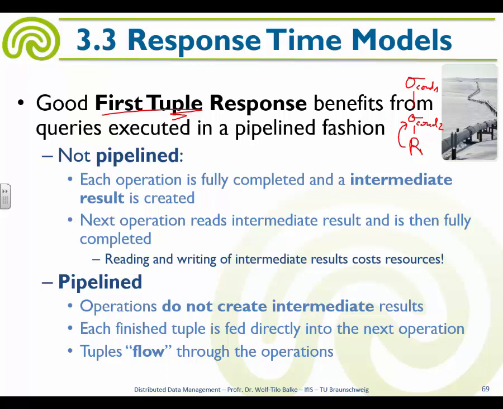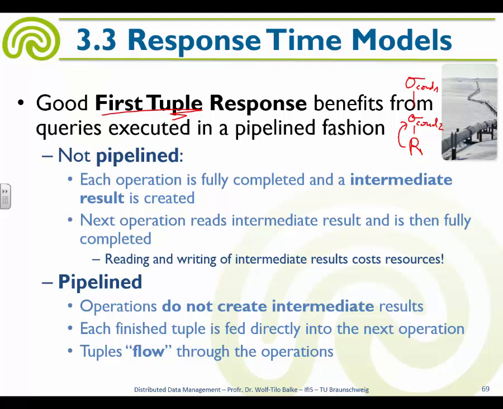And now I store it as an intermediate result and get the second tuple from R. Do the selection with condition 2, store it in the intermediate result, and so on, right? And the first time that the second selection with condition 1 is used is after the selection with condition 1 is fully completed, right?